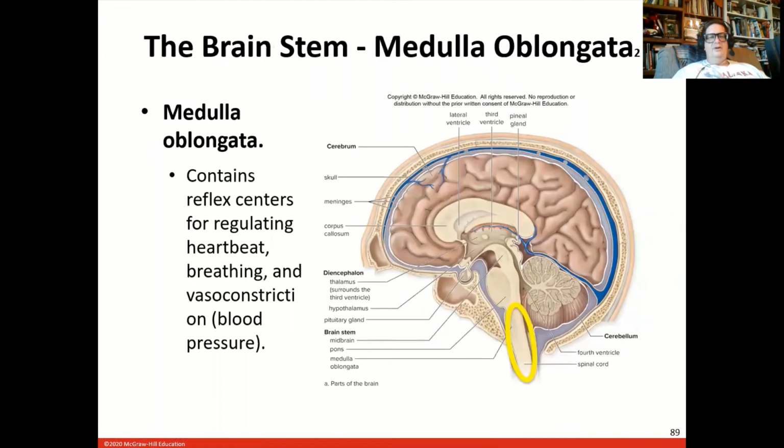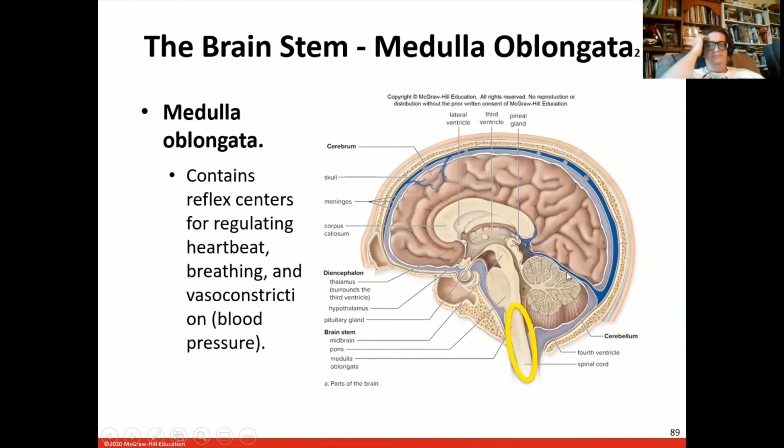The medulla oblongata does things like breathing, heart beating, control of the diameter of your blood vessels. All that's controlled right back here in your brain stem. Well, all this is your brain stem, but this part of your brain stem is the medulla oblongata.